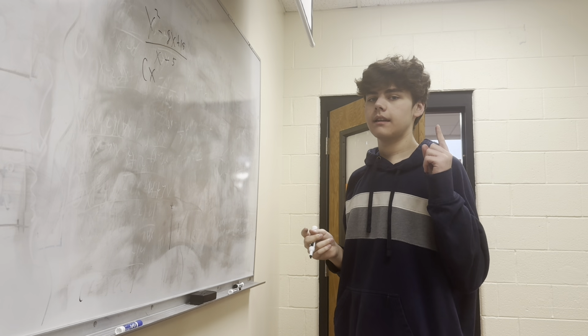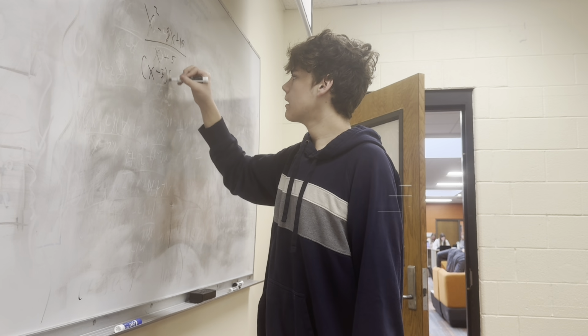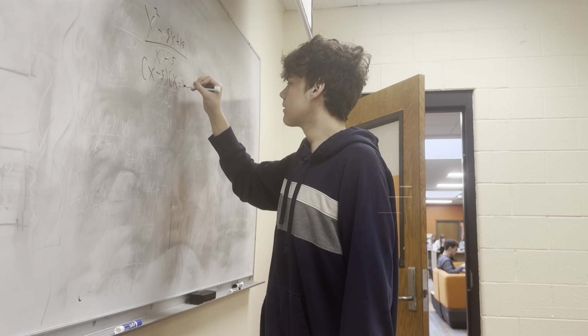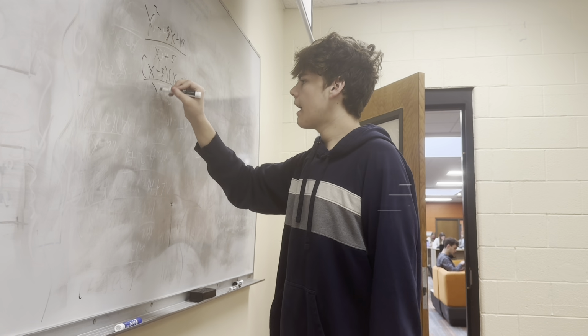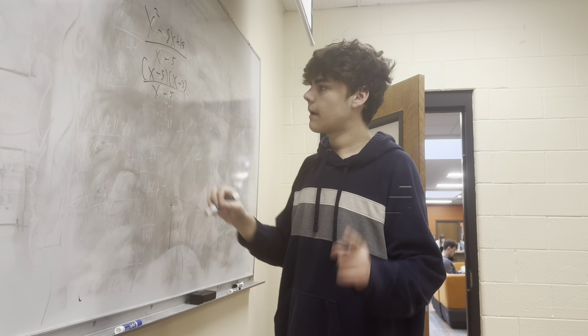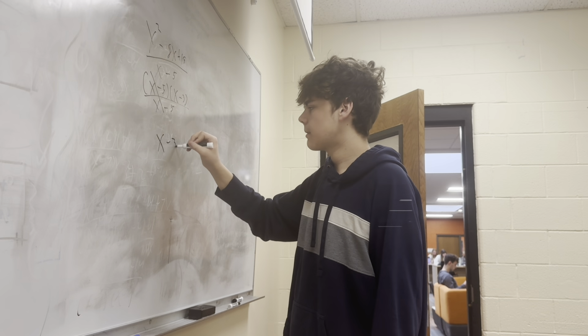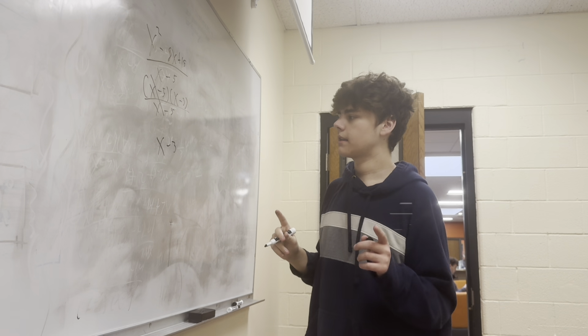That would be negative 5 and negative 3. So you do x minus 5 and x minus 3 over x minus 5. These are the same, and when they're the same, you cancel them out. So I'm going to cancel those out, and I'm just left with x minus 3. And that is my answer for now.